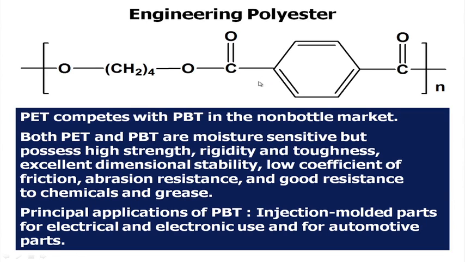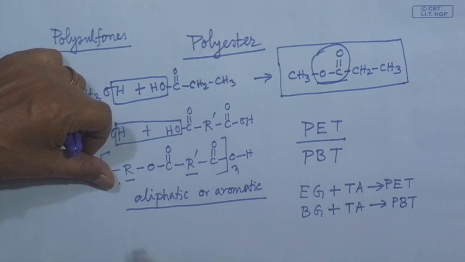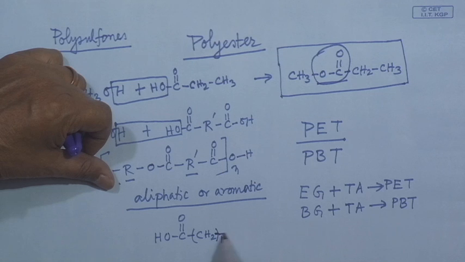Apart from that, this aromatic acid part can be replaced by aliphatic diacid, that is say adipic acid. Adipic acid is four methylene units linked to 2 carboxyl groups.